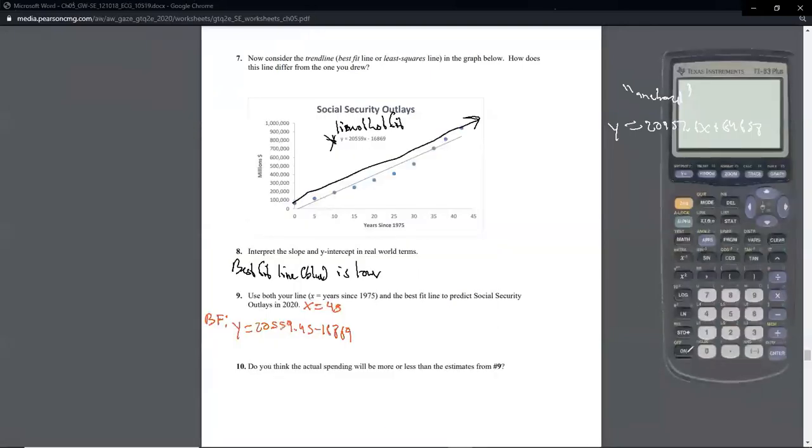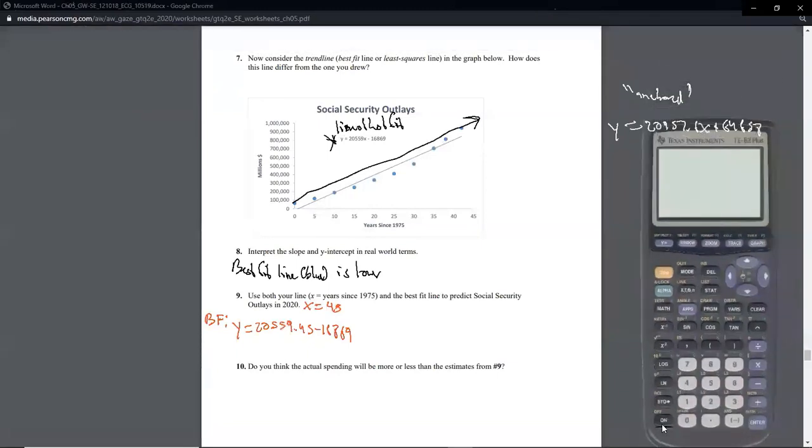All right, so that's not going to be, I got to go off of this. This is where things just get a little weird, which is why I didn't want to do it earlier. 20,559 times 45 minus 16,869. And we get 908,286.